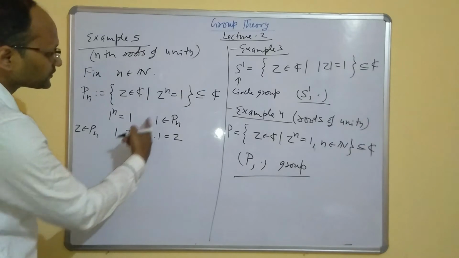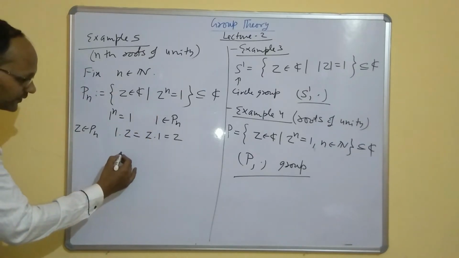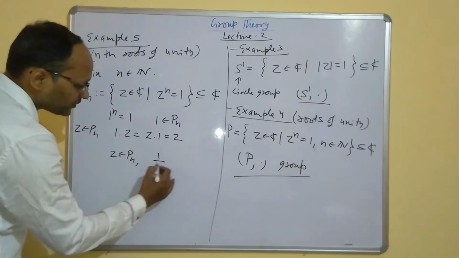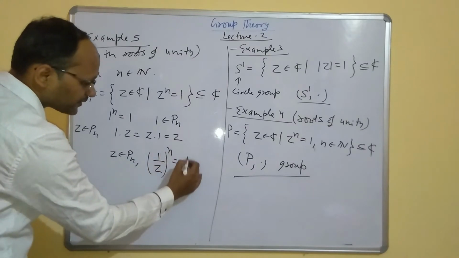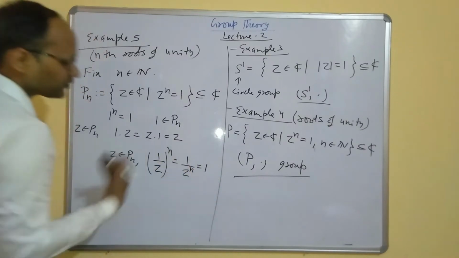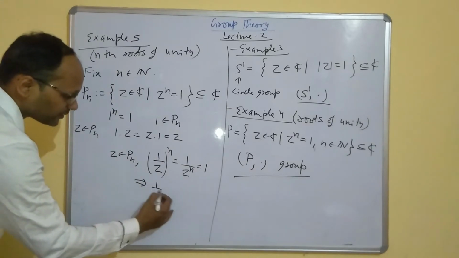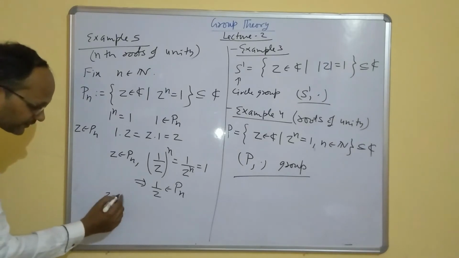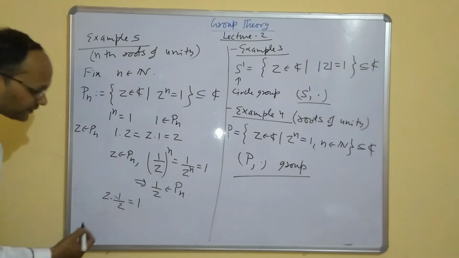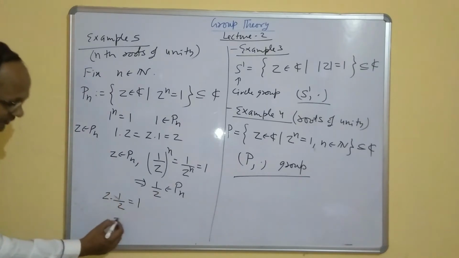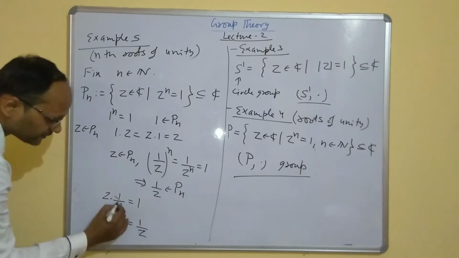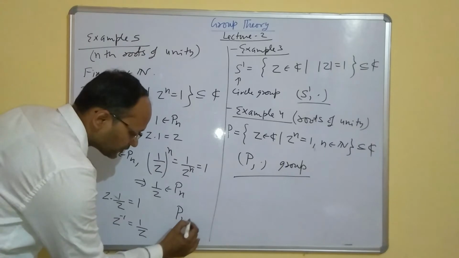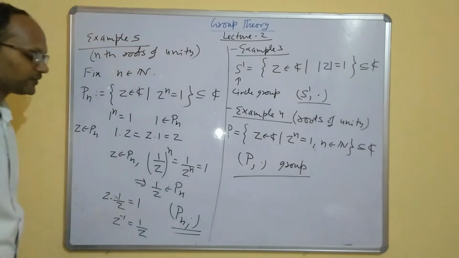Because if you take any z in Pn, then (1/z) to the power n is equal to 1/(z to the power n). This is also 1. So this implies 1/z belongs to Pn. So z into 1/z is equal to 1, so z inverse is 1/z. So Pn is a group with respect to multiplication.